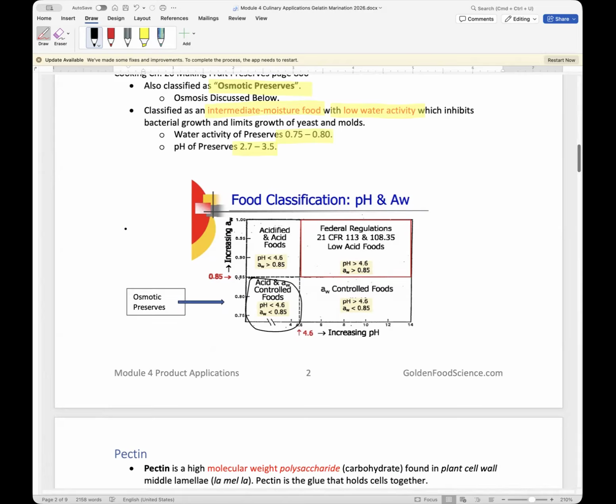We can keep them on the shelf because they have a low pH and a low water activity. They do not need to be refrigerated, versus these others over here that have a high pH and a high water activity. This would be refrigerated, let's say like a cook chill product, for instance. So this is down here in the very safe group. Does that make sense? Yes.